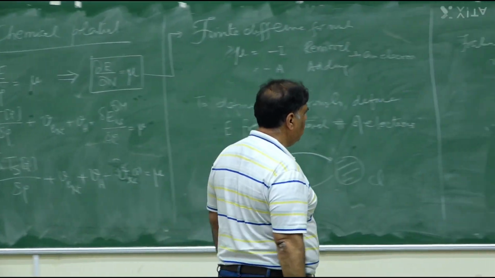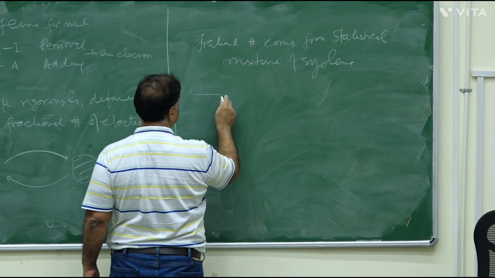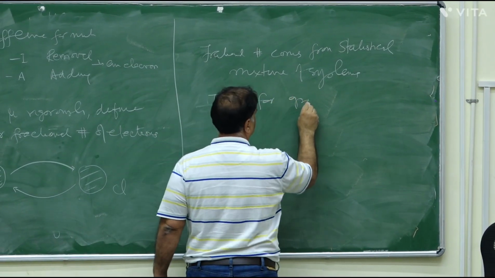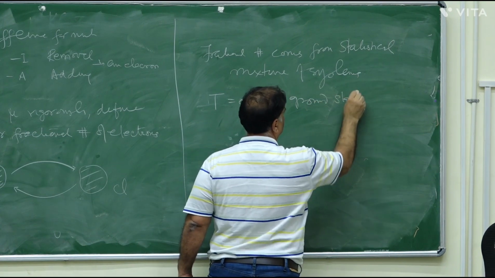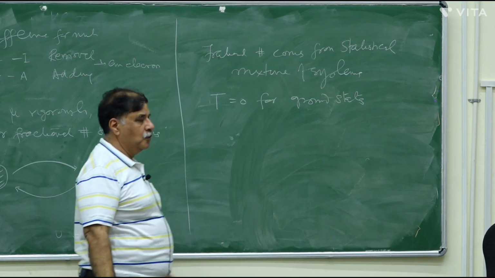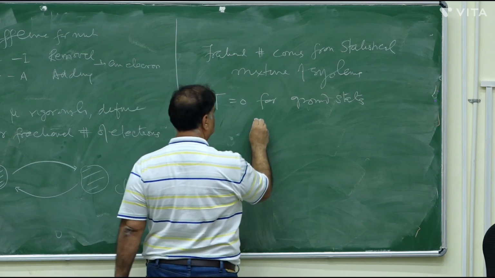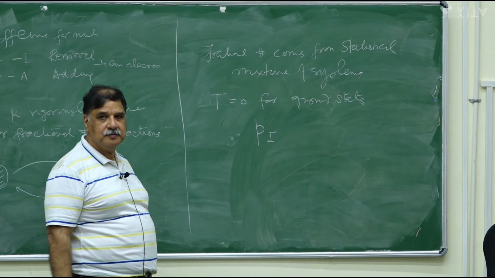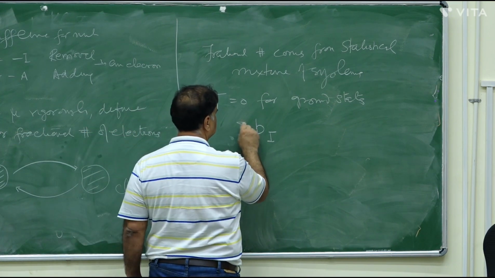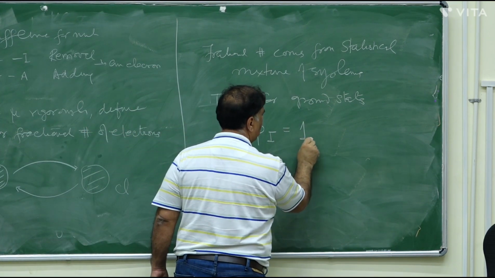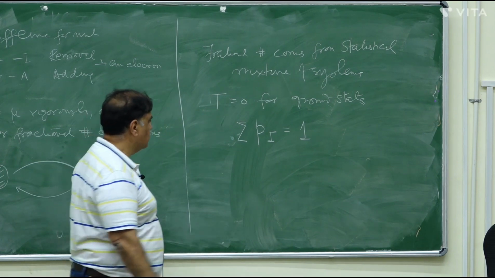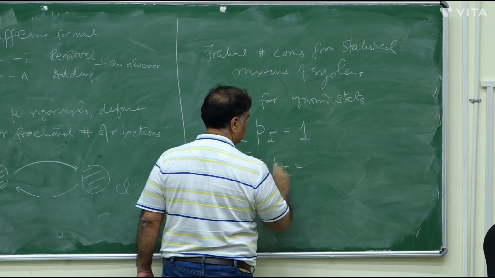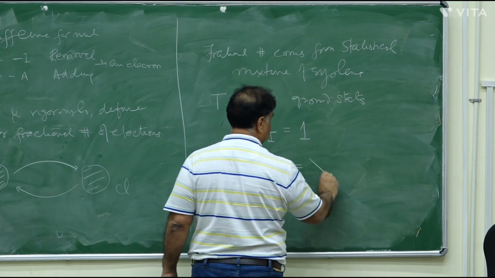So what you do is, and I want it at t equals 0 because I'm restricting to the ground state, have probability P_i for the i number of electrons such that the summation of these probabilities is 1, and such that the summation of i P_i is equal to that number that I want, let's call it x.